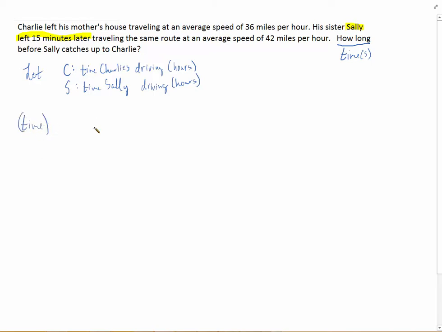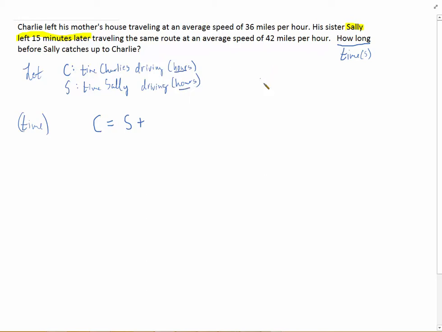If Sally left 15 minutes later, that means that Charlie's time was Sally's time plus 15 minutes. Now, we can't use 15 because our units are in hours.